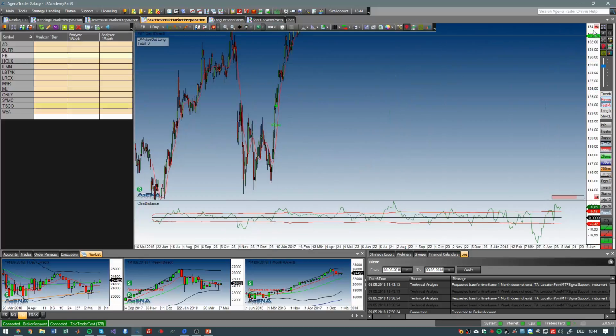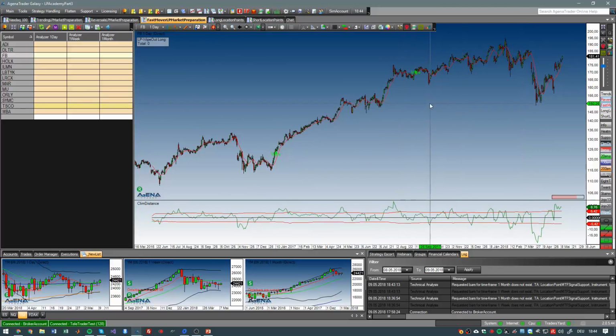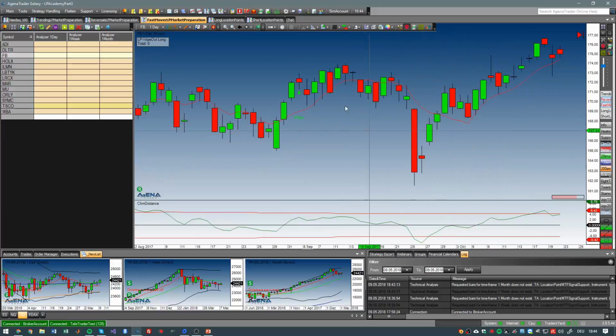Let's see, I think there was one more signal in Facebook. Yeah, this one here. These are not nice narrow bars again, because if you look here, your initial stop, for example, would be here, and this would be how your entry looks.